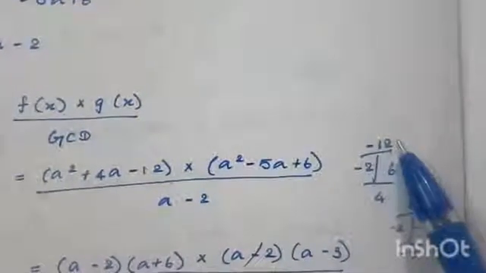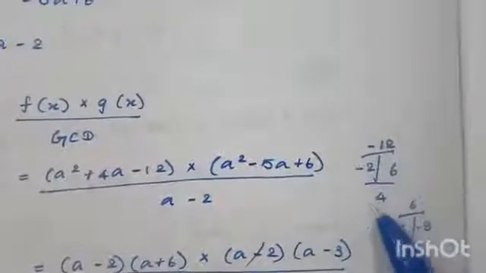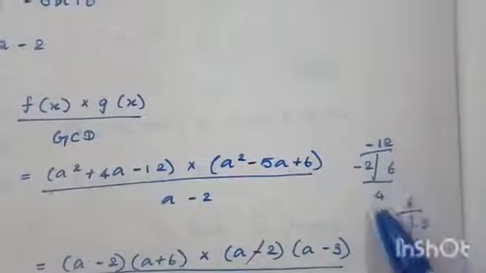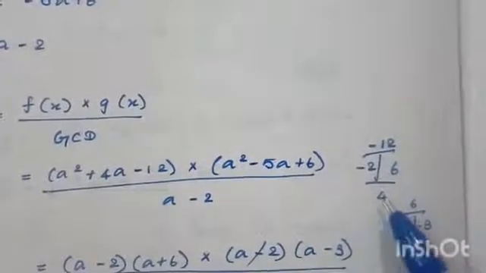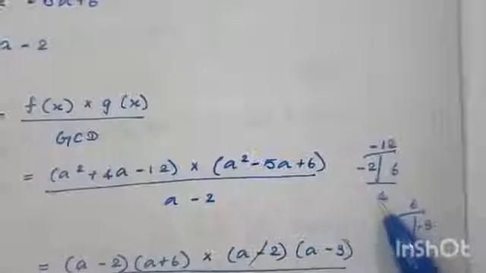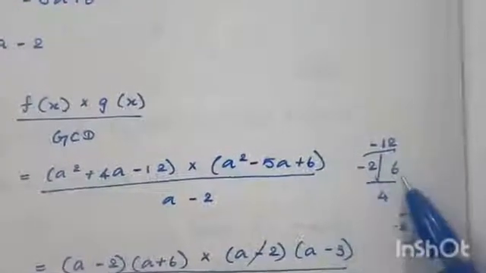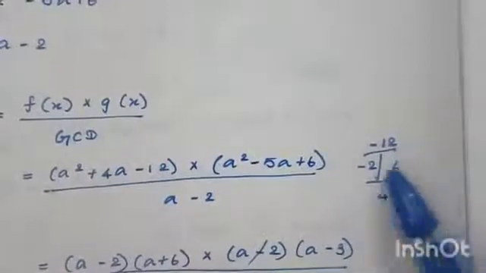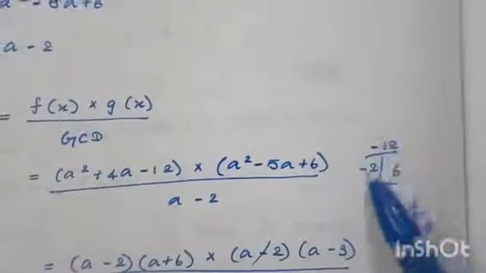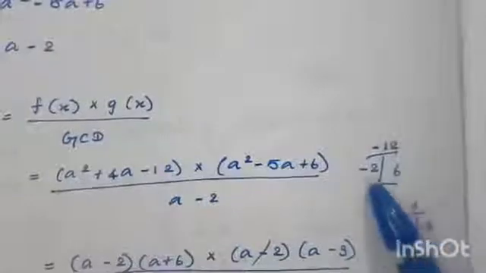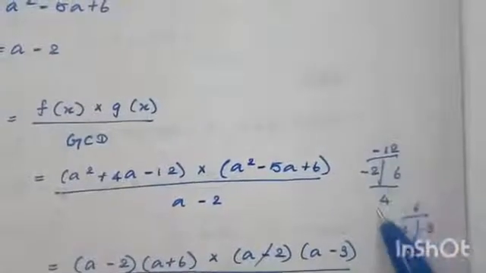First find the factors for this. 2 sixes are 12, and we need plus 4 here. So the greater number gets a plus symbol and the smaller a minus symbol: minus 2 plus 6. 6 twos are 12; minus into plus is minus. It is a different sign, so subtract 6 minus 2, which is 4.